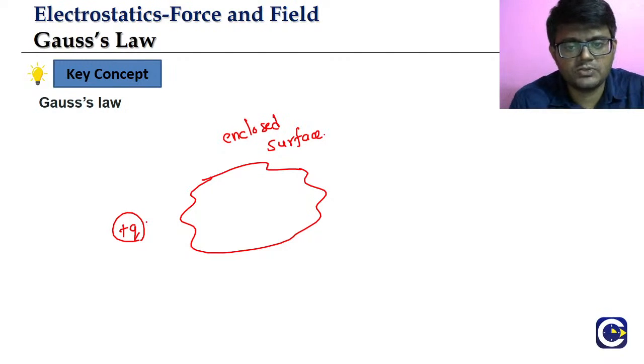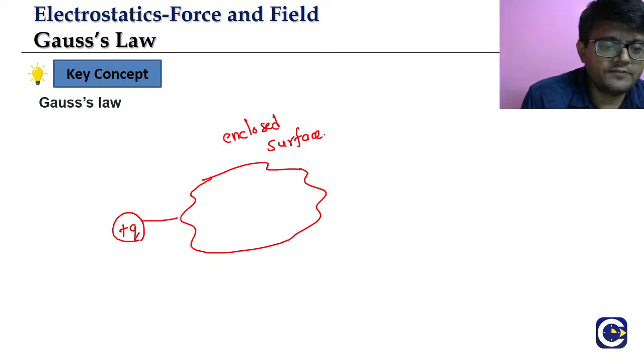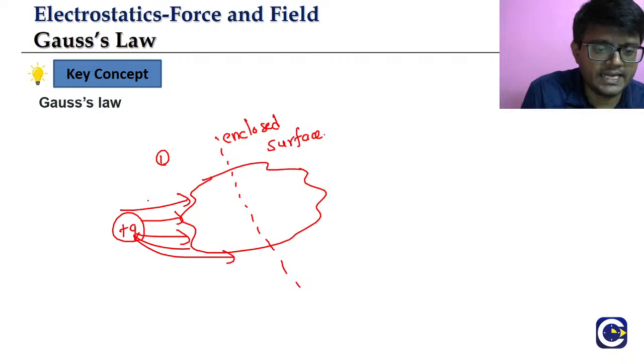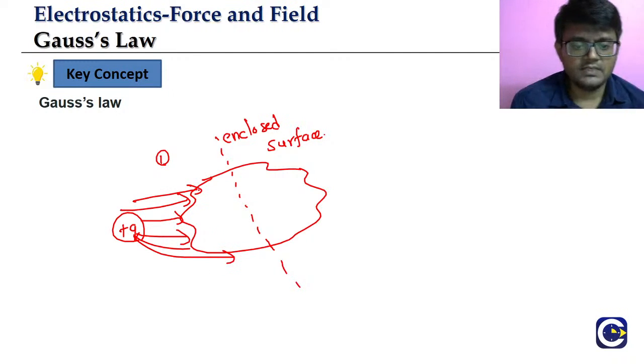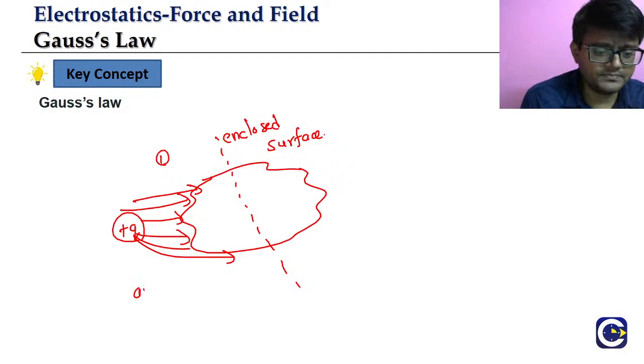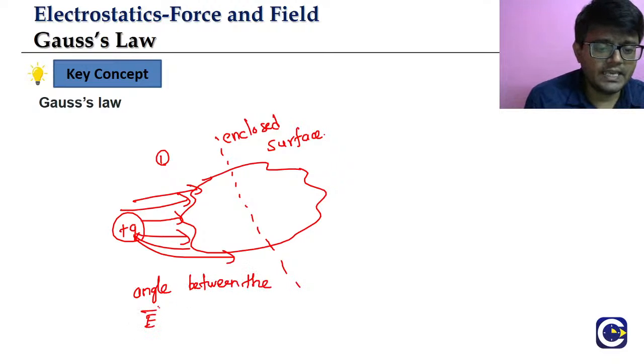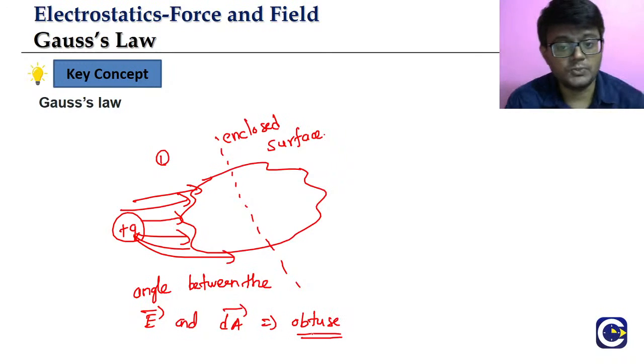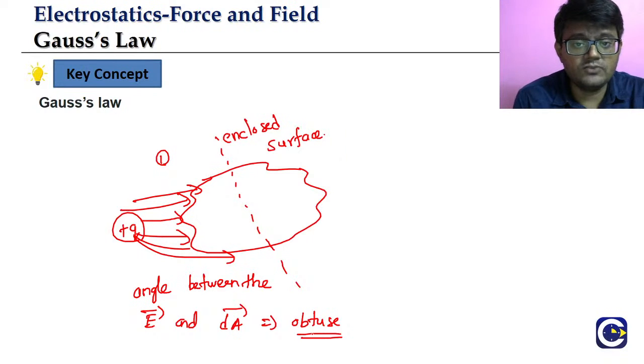Say for example a positive charge, the field lines will start coming from it, and on that side of the enclosed surface, the field lines are entering the surface. Remember, in session 9 we said that when the field lines are entering the surface, the angle between the electric field and a small area on that surface will be obtuse. Obtuse means the flux will be negative.